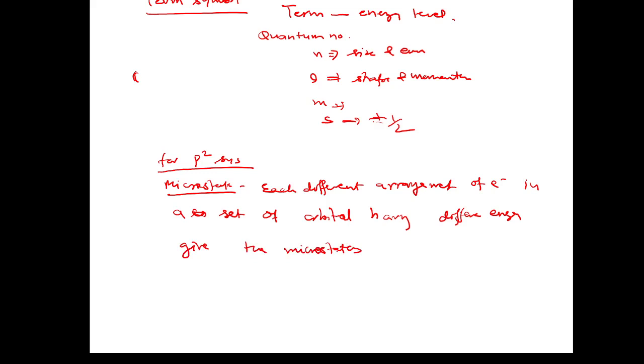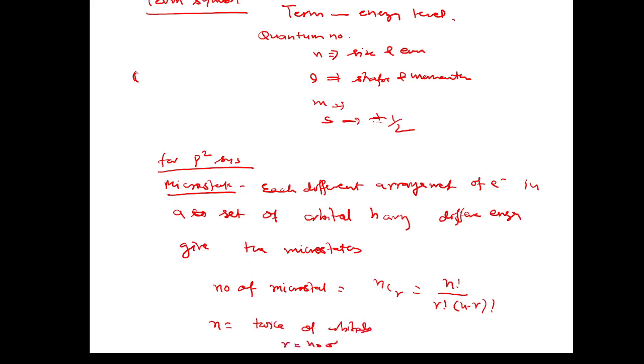So what is the formula for the number of microstates? The number of microstates is basically nCr, where nCr is n factorial divided by r factorial times n minus r factorial. What is n? n is twice the number of orbitals. r is the number of electrons.